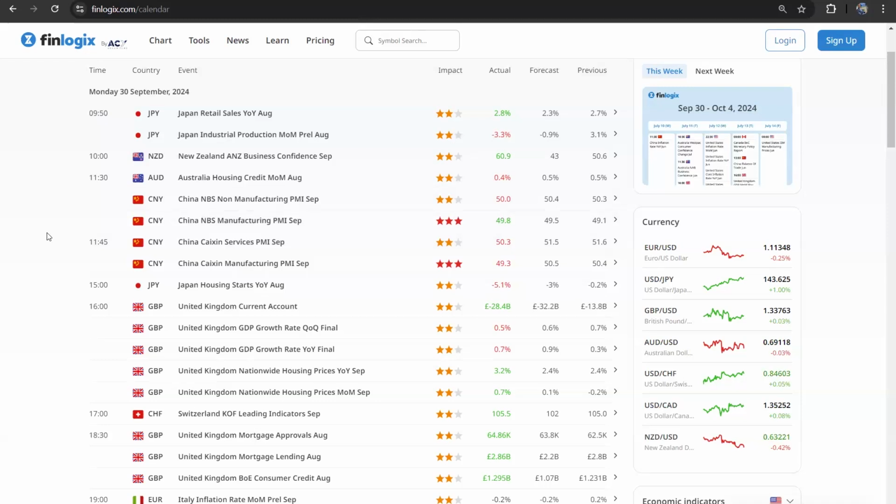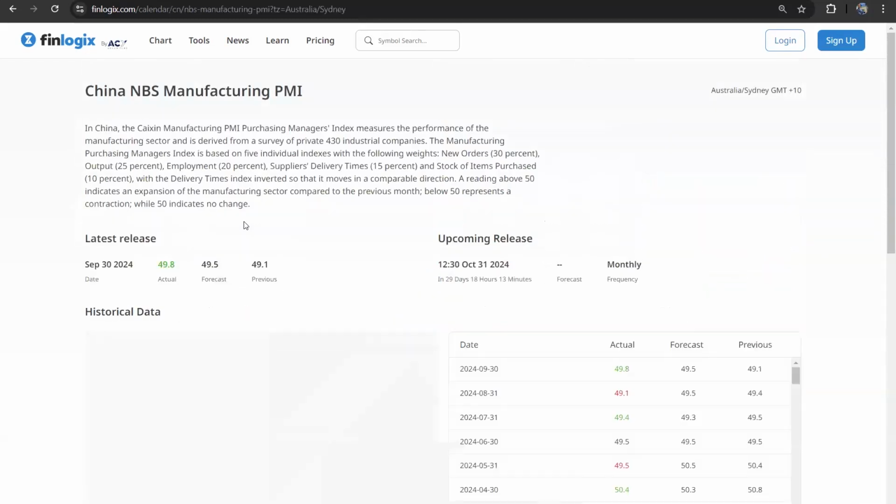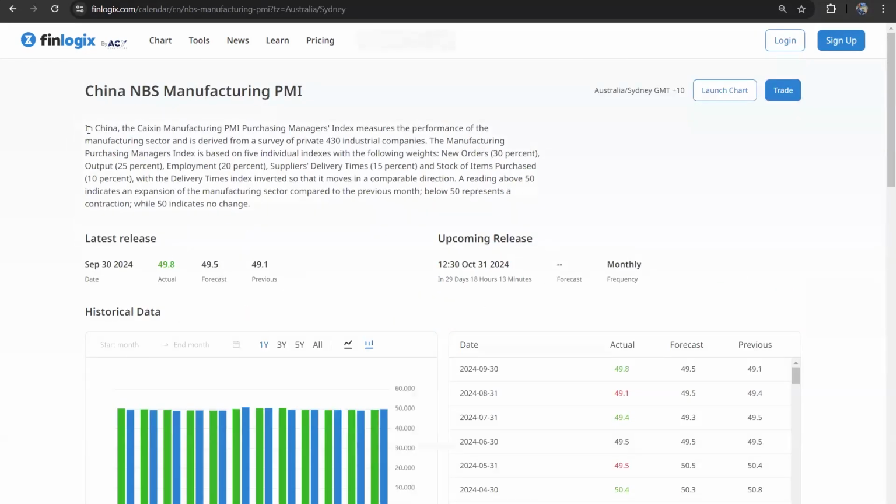And why I say that Finlogics is the best economic calendar out there is because, let's say you want to have an in-depth look at this economic release. You can just come here and click on it, and it will open a new page talking about what the China NBS manufacturing PMI is.